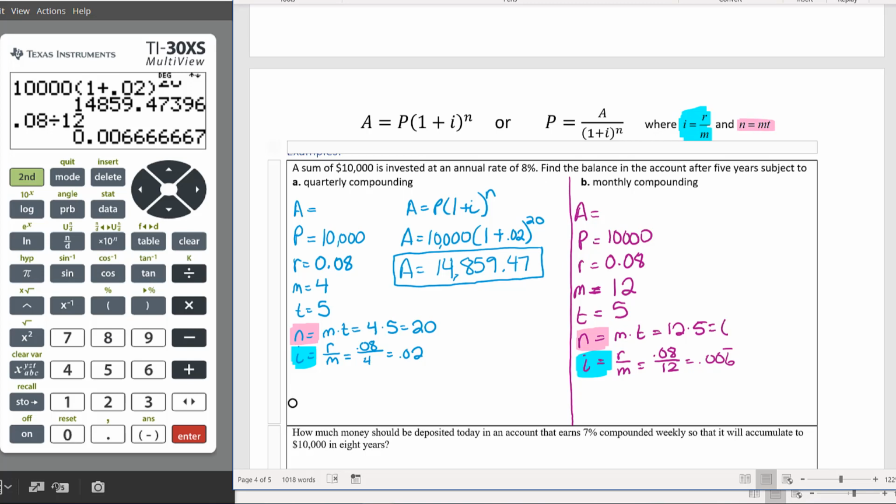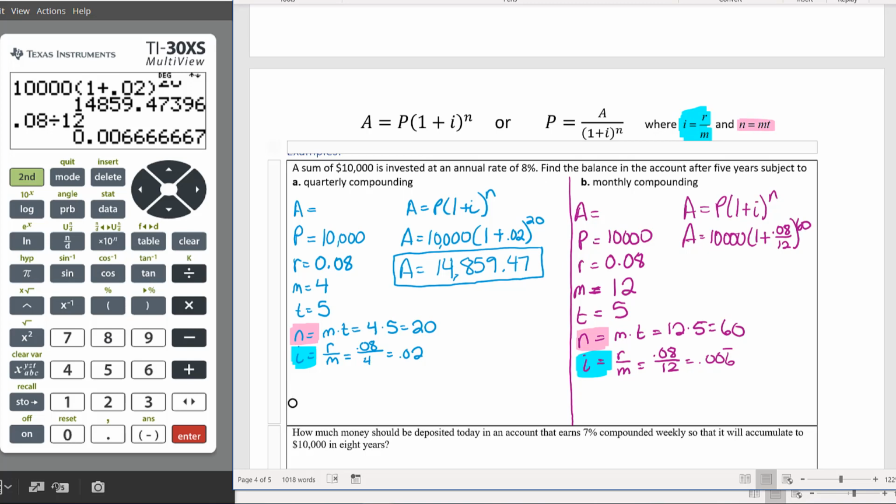So this one's going to have 60 compounding periods over the life of the loan. I'm still using my first formula. So I'll plug in my new values. P, which is 10,000 times 1 plus I. Now I didn't come out really nicely, so I'm just going to go 0.08 over 12 raised to the 60.